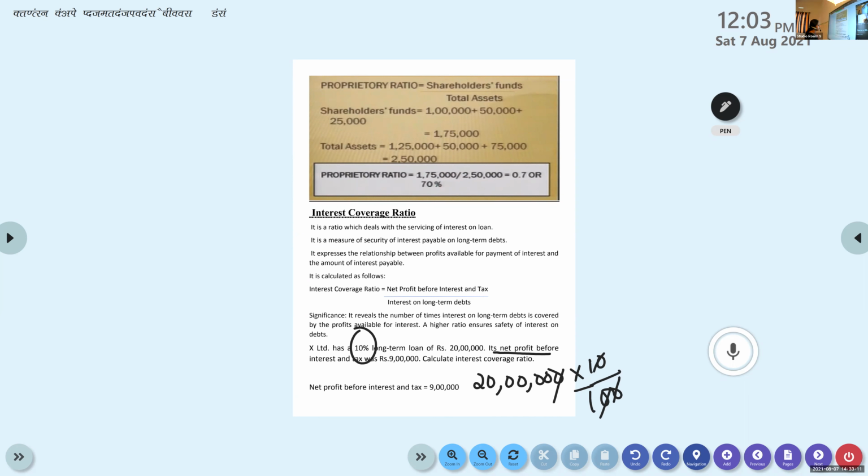So what is the interest on long-term debts? It is 2 lakhs. So find out the ratio, please. Net profit before interest and tax, that is 9 lakhs, divided by 2 lakhs. Find out.